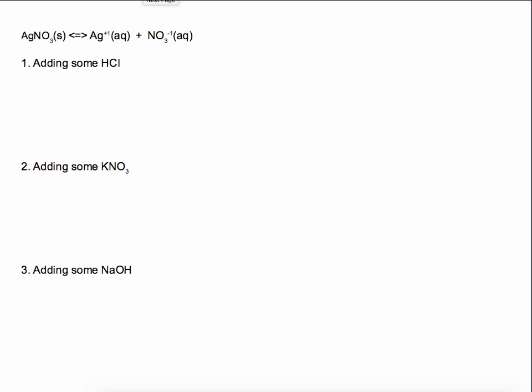Okay, last one. Now, here's something that happens, and this sometimes takes a lot of knowledge about how this works. But anyway, now they're going to add some HCl to this thing. So basically, here's what we have. We have this beaker, and in the beaker, there's some silver nitrate that didn't dissolve, and it's at the bottom.